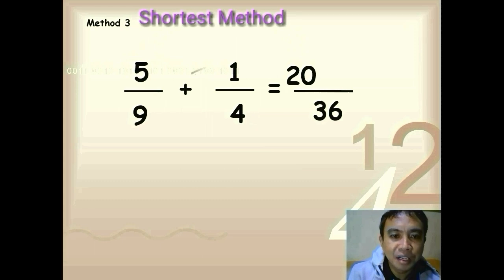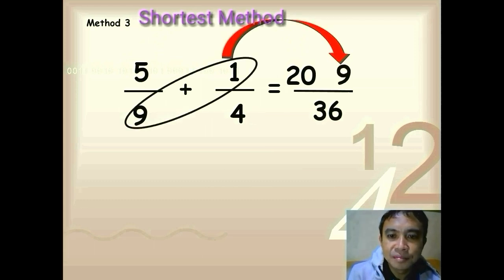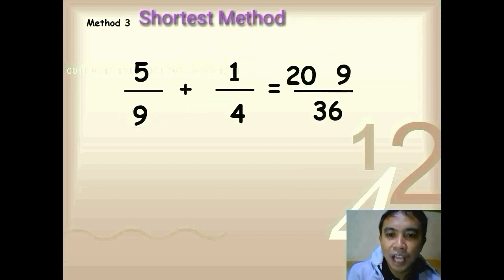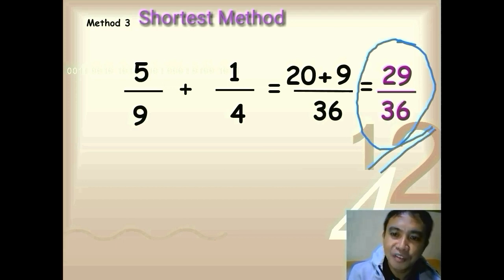Multiply the other pair, 9 times 1, so we have 9. So add the two numerators, 20 plus 9, so we have 29 over 36. So 29 over 36 is our final answer.